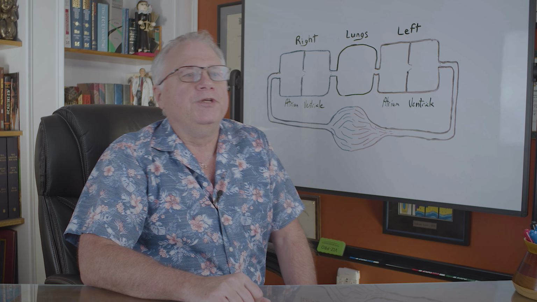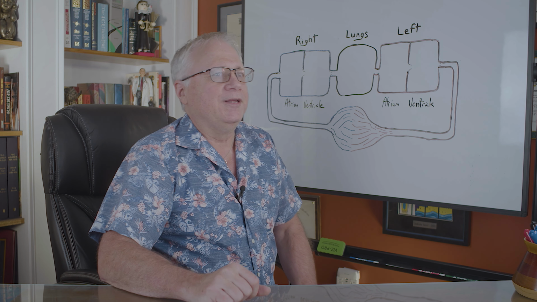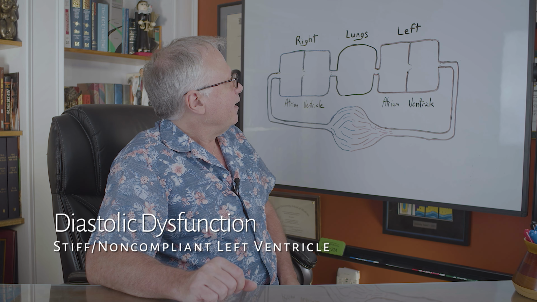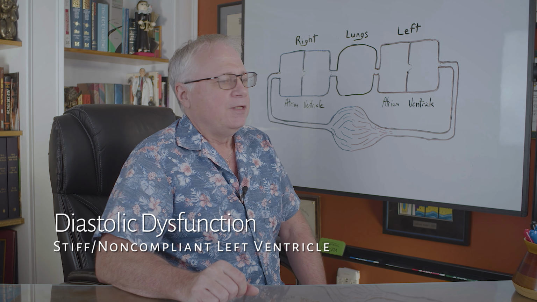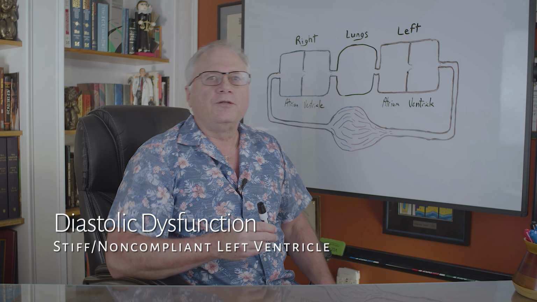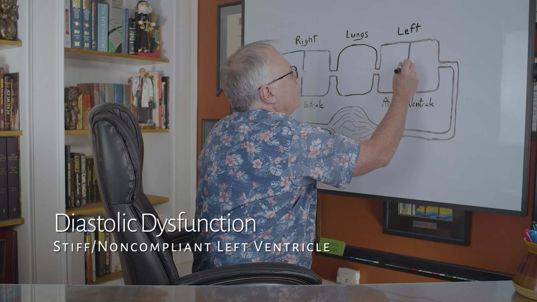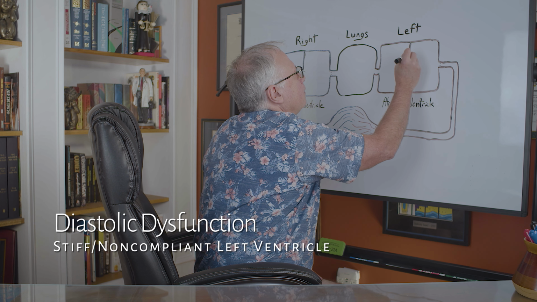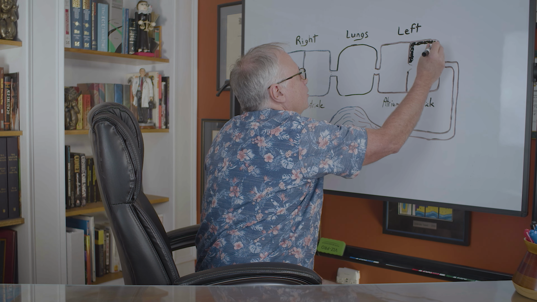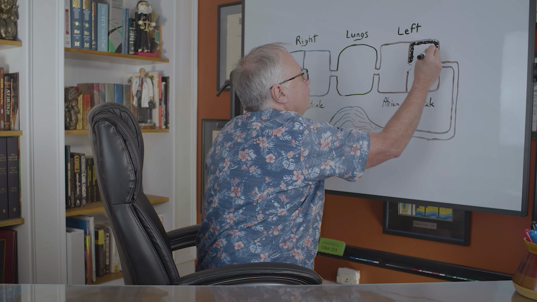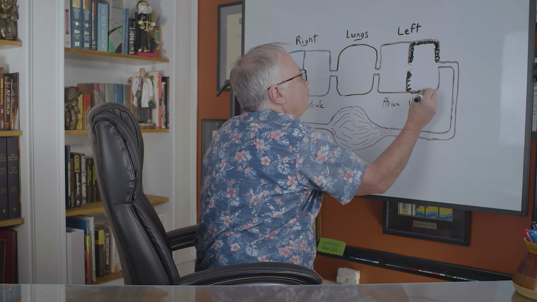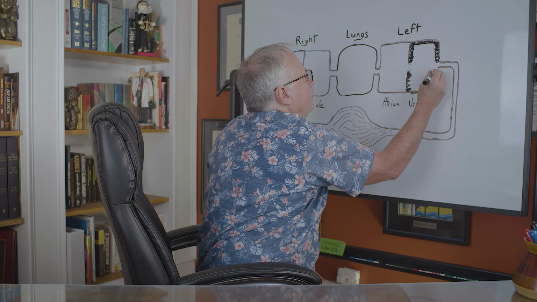That brings us to the next type of heart failure, and it's called diastolic dysfunction. And what diastolic dysfunction is, you have a stiff and non-compliant left ventricle. So just the muscle of the left ventricle, again, tends to be enlarged, and it just won't stretch.